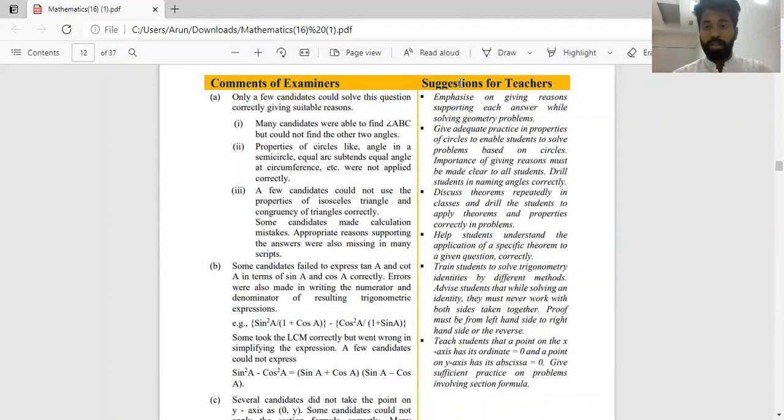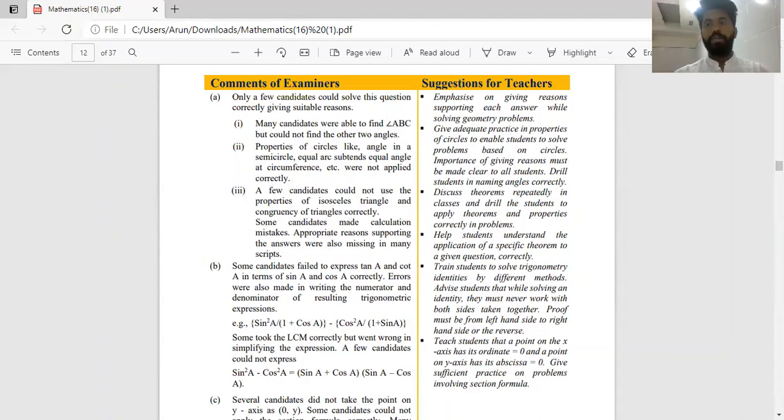You need to know all the theorems, and the importance of giving reasons is very high. If you've used a particular property or a particular theorem, you have to specify that as your reason at the end of that step. Then you also have to ensure that you know all the theorems and properties correctly, and that you can recognize where to use which property.